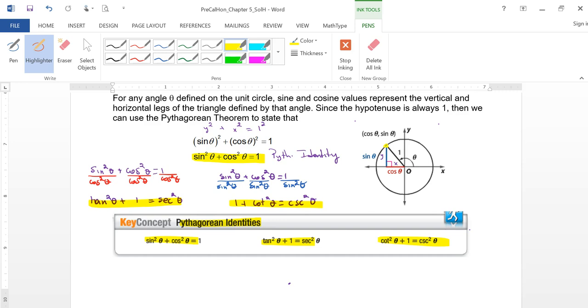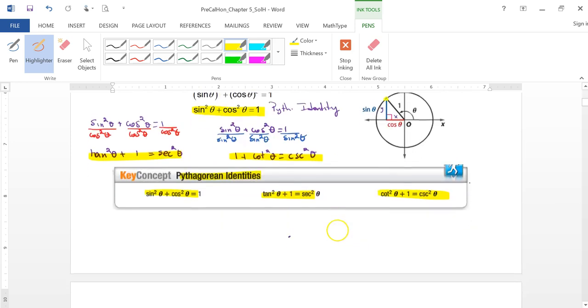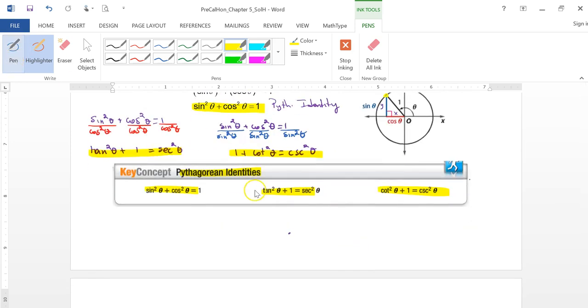To this day, I still get confused where the 1 goes with these. Okay? I know this one, I quickly derive the other 2. So, at the end of the day, you should be able to come up with these at a moment's notice. It's enough to just know the first one and derive the other 2. So those are the Pythagorean identities.